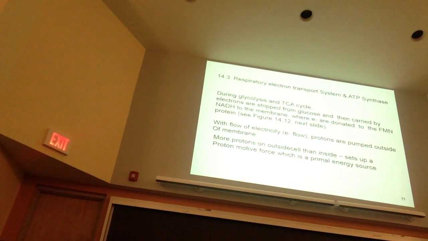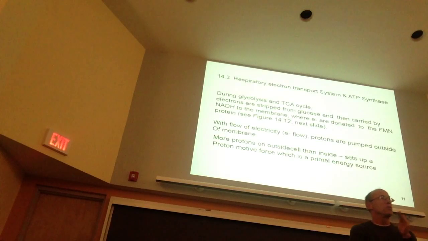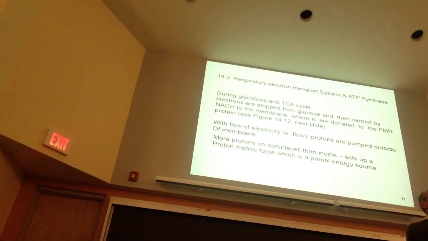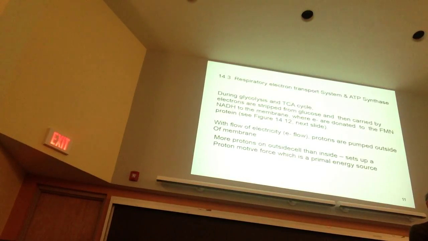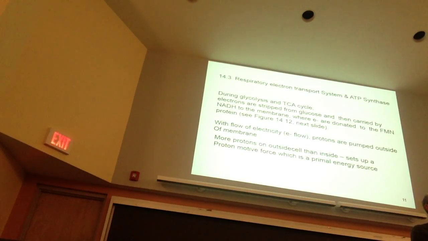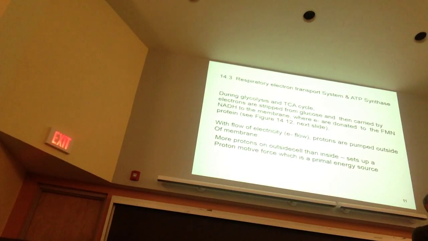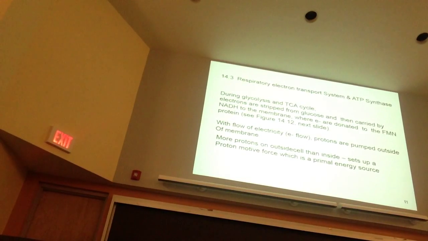The TCA cycle takes the pyruvate and completely oxidizes it to CO2, so that by the end of the TCA cycle, you have completely oxidized glucose to carbon dioxide. You have stripped every biochemically available electron from glucose by the end of glycolysis and the TCA cycle. So, understand that's what we did in chapter 13.